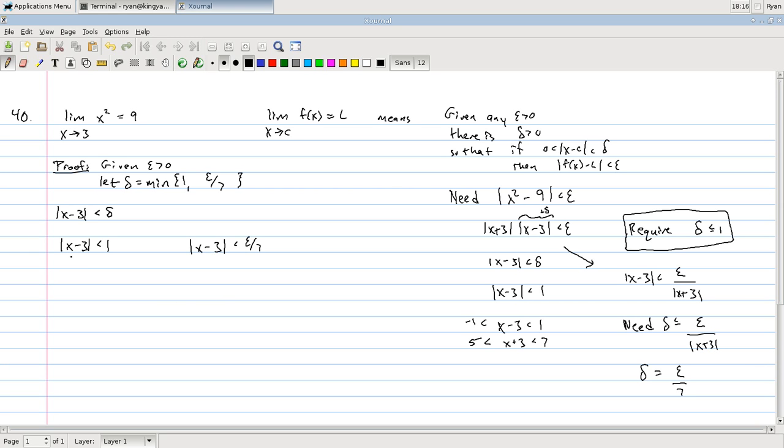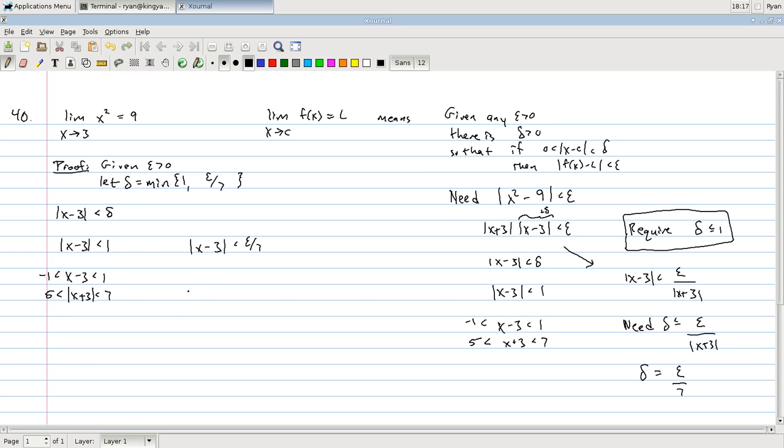Now I want to convert this statement about the 1 back into something about x plus 3. So this says that x minus 3 is between 1 and negative 1. Adding 6 to both sides says that x plus 3 is between 5 and 7. So in particular, everything is positive here, so we can take the absolute values and nothing changes. So the absolute value of x plus 3 is between 5 and 7.